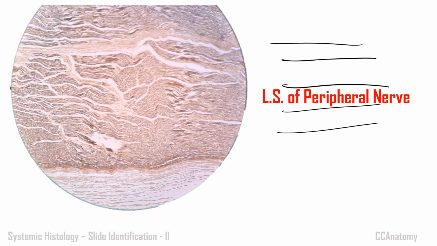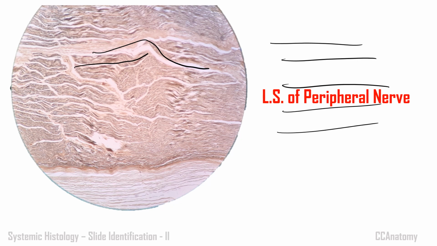But in this osmium tetroxide fixative, the myelin sheath gets black in color. The nerve fiber you can see as a whitish structure, and the surrounding myelin sheath absorbs the osmium tetroxide and you can see it darkly stained black.